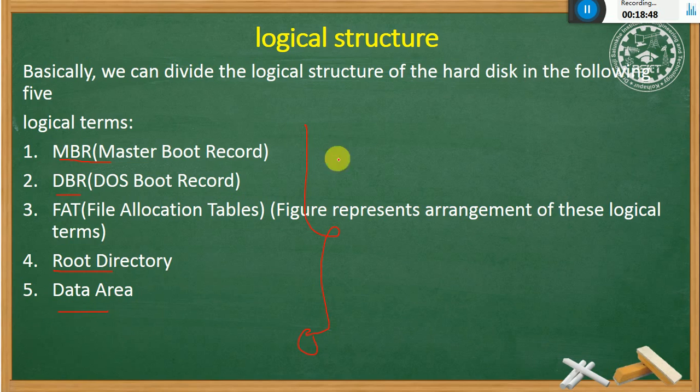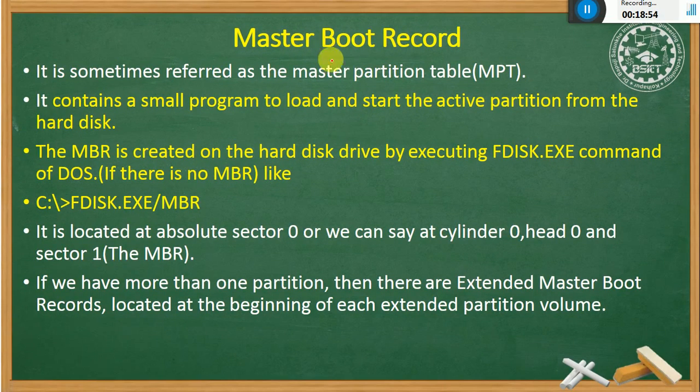These are the 5 main components of logical structure of your disk. Master boot record will hold the information regarding from which location we are going to load the operating system. Okay, so it contains a small program to load the partition information of the hard disk to your main memory.